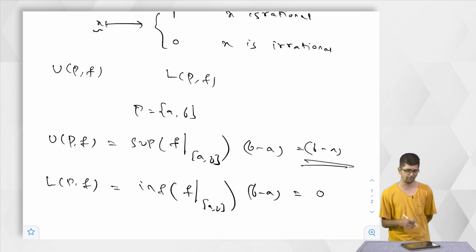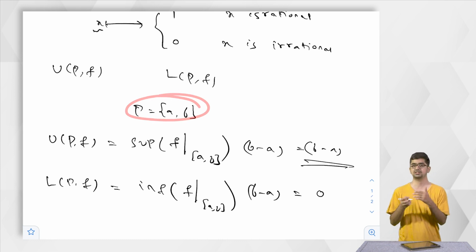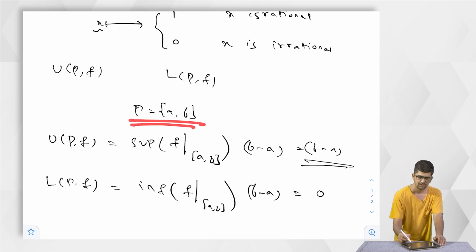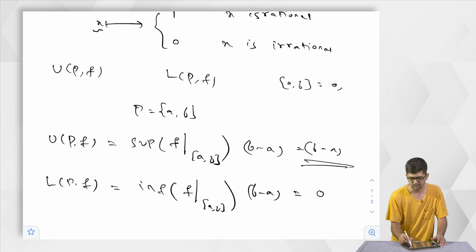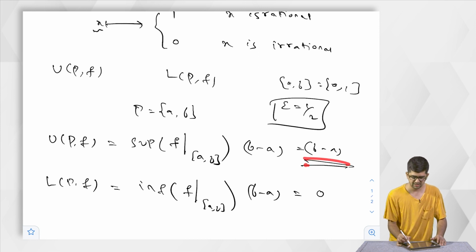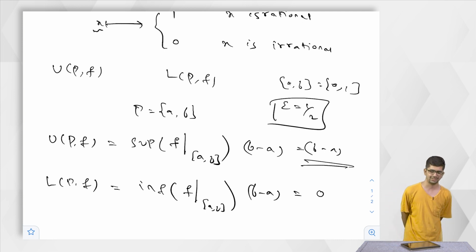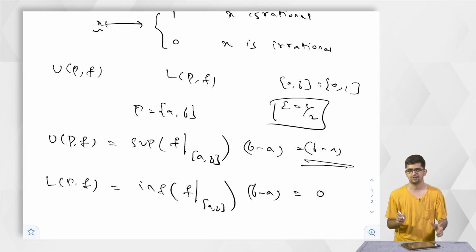Anyways, we are not trying to prove that it is true. We are just checking whether this will immediately say that it is integrable or not. This does not say it is integrable, because for this partition we have b minus a minus 0 as b minus a. If I take [a, b] to be [0, 1] and epsilon to be half, then b minus a is just 1, and 1 is not less than half. So this partition is not useful to conclude whether it is Riemann integrable or not.